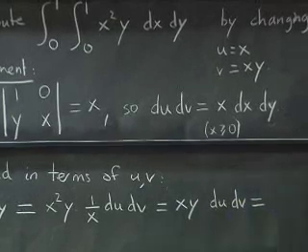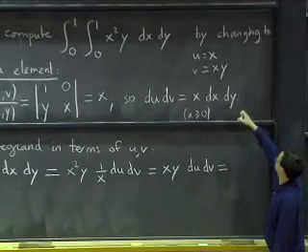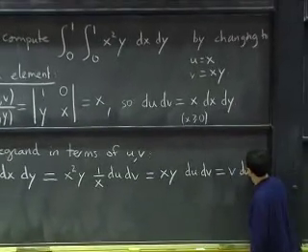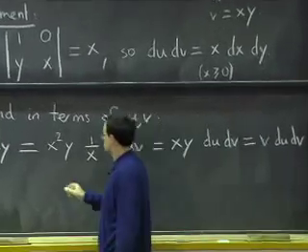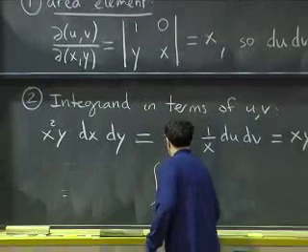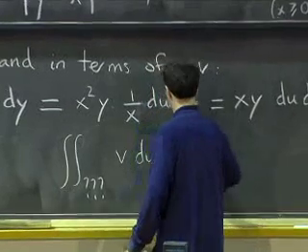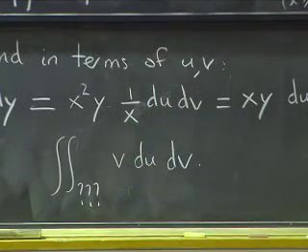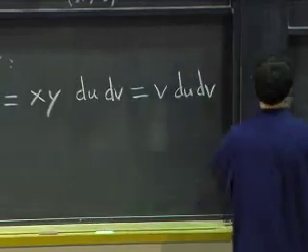And what is xy in terms of u and v? Well, here at least we have a little bit of luck. xy is just v. So that's v du dv. So in fact, what we'll be computing is a double integral over some mysterious region of v du dv. Now, last but not least, we'll have to find what the bounds for u and v are in the new integral, so that we know how to evaluate this.